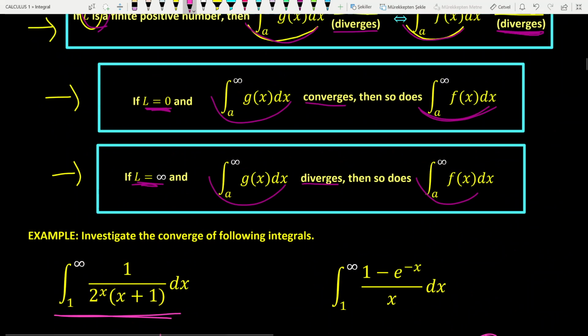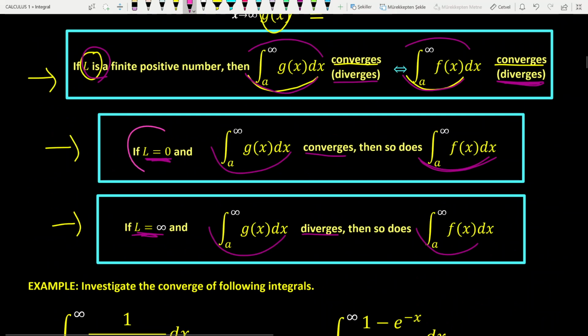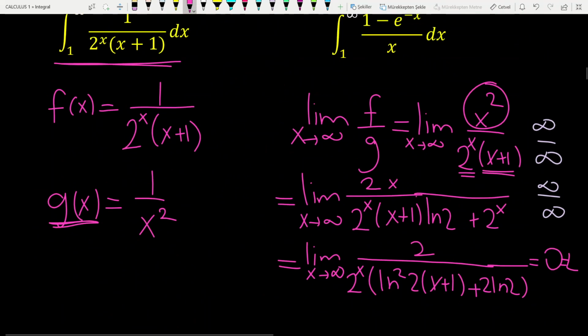Let's look at the cases. We had the second case: L is 0. If the improper integral of g converges, then we can say something about the question. So what about the improper integral of dx over x squared? Does it converge or diverge?